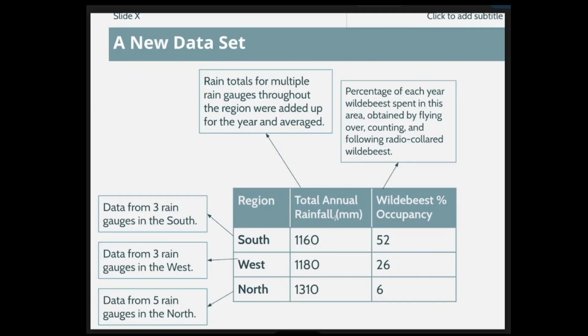And then they have average rainfall. But this is a new column, the wildebeest percent occupancy. So this means 52% of the year the wildebeest will spend in this area. 26% of the time will be in the west, and 6% of the time during the year they will be in the north.